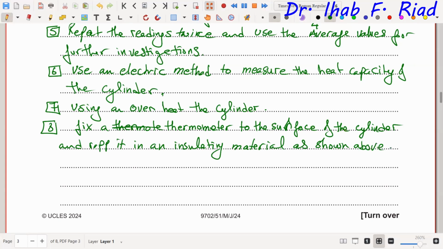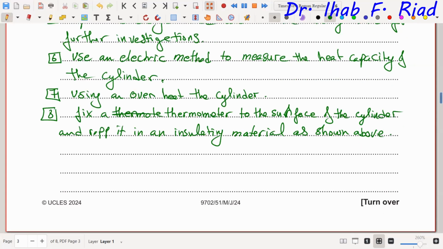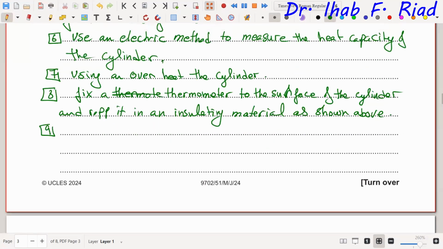Okay, we are going to fix a thermometer to the surface of the cylinder, and then we are going to wrap it in an insulating material. 9. Using a thermometer, measure the room temperature, PR.